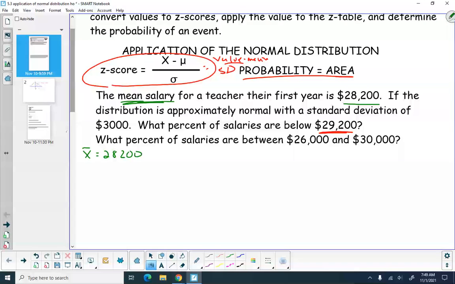We're given a standard deviation of $3,000. And once again, it doesn't say population or sample. This could be mu. This could be sigma.